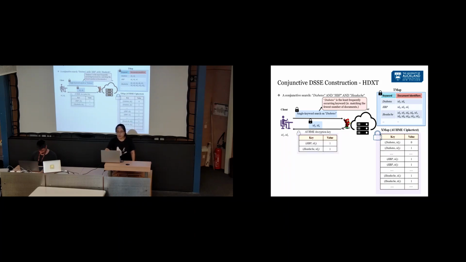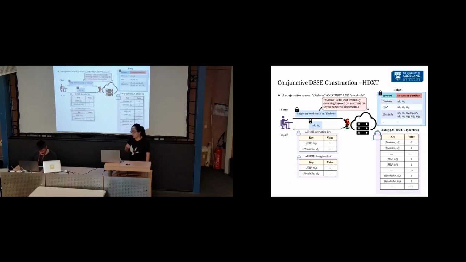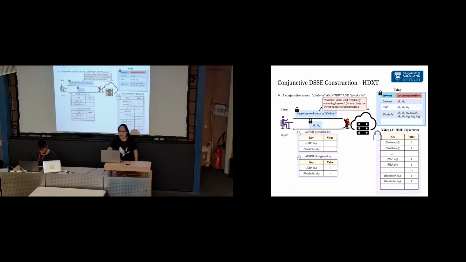Then for ID2, it will generate an AUHME key to query whether ID2 contains both SBP and headache. Also for ID4, it will generate a decryption key. And the server will run AUHME queries over the decryption keys and the X-map.